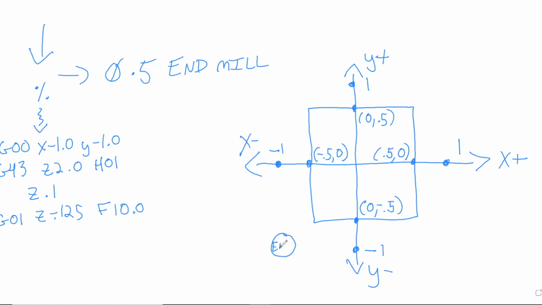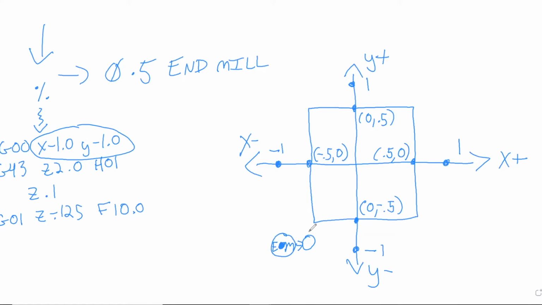Well, the center of the end mill is at this location right here. Now, if we want to move over to cut this 1x1 square, we would have to use two options: offset the radius of the cutter in our program, or use cutter compensation.